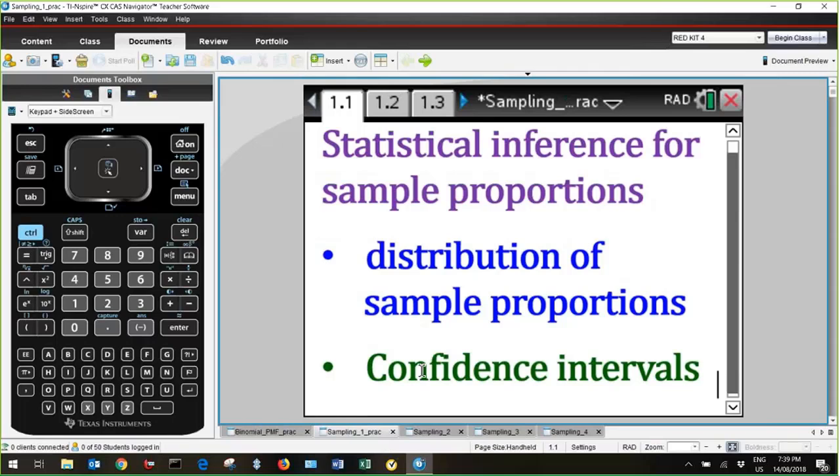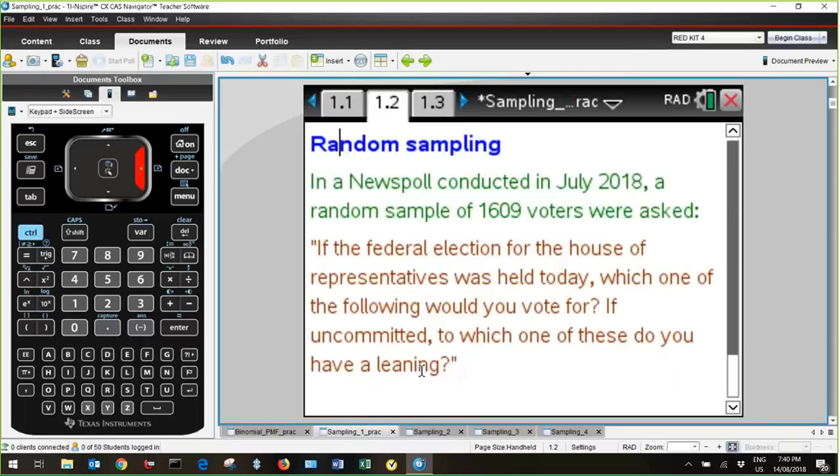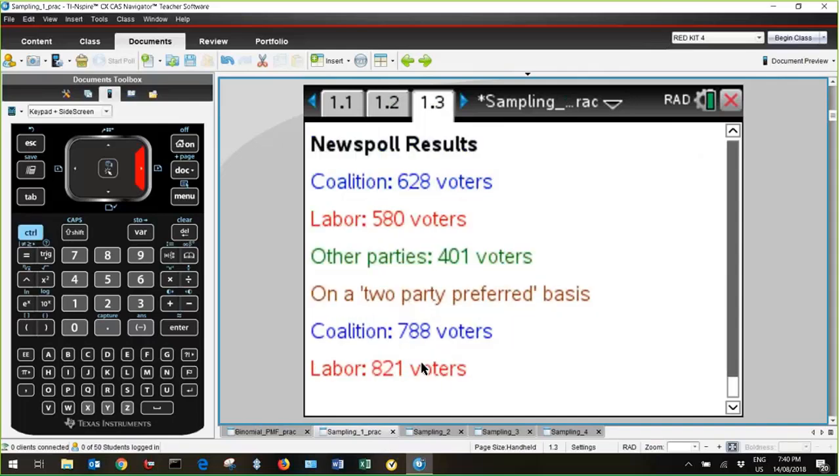So we'll start with the real examples. In July, the Australian newspaper published a news poll where 1,609 voters were asked their preferred party if a federal election were held that day. The news poll results were something like this.